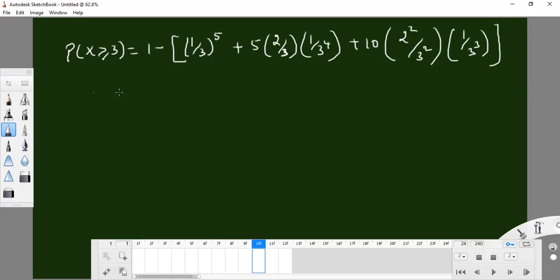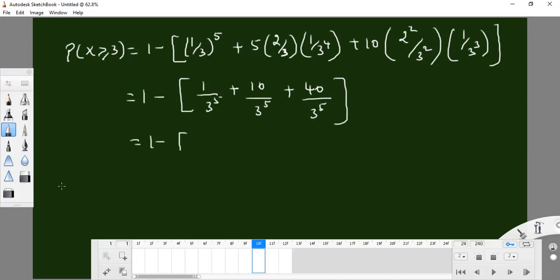So 1 minus 1 by 3 power 5, plus 5 twos are 10 by 3 power 5, plus 10 into 4, 40 by 3 power 5. You can take 1 by 3 power 5 commonly out: 1 plus 10 plus 40.